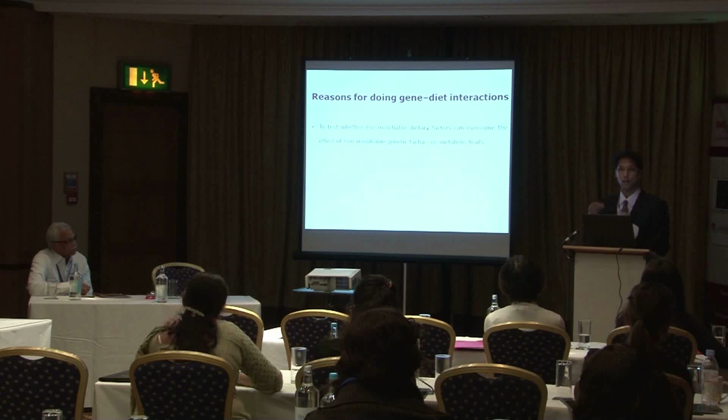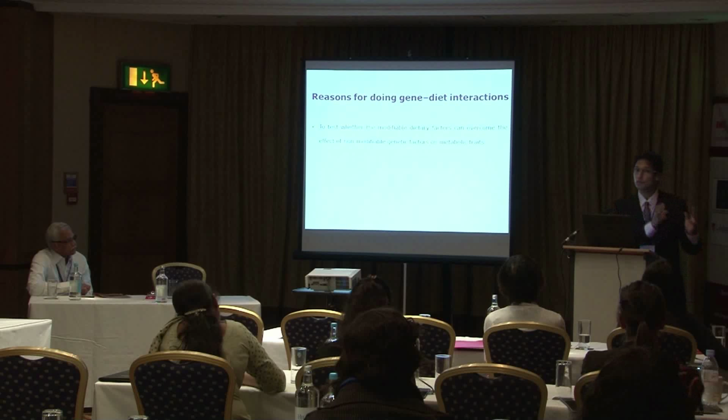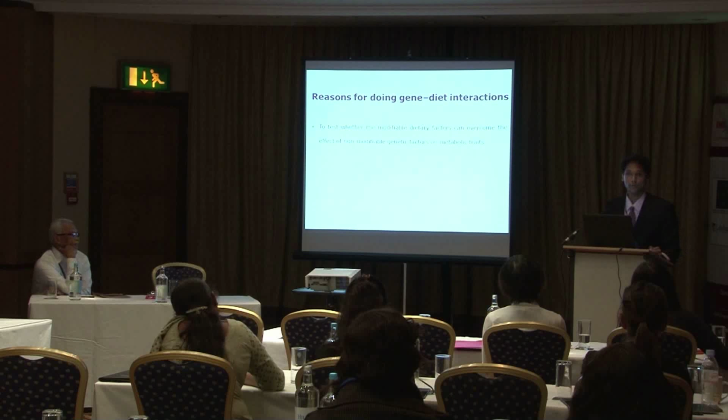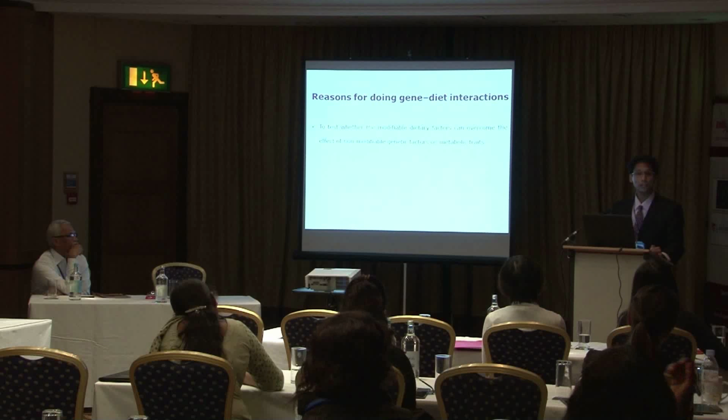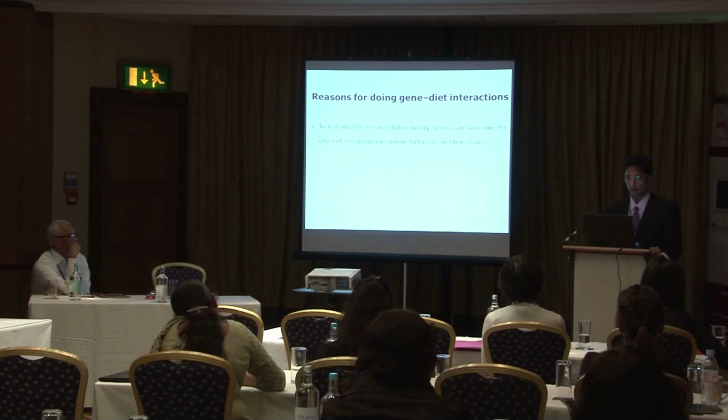So if you consider those individuals who carry the risk allele and you put them on a personalized diet such as low-fat diet, then they can be prevented from developing obesity, which means that the dietary factors can be modified, whereas the genetic factors cannot be modified. They are stable throughout your lifetime. So by modifying your dietary patterns, you can prevent the population from developing obesity. That is one of the main goals of nutrigenetic analysis.